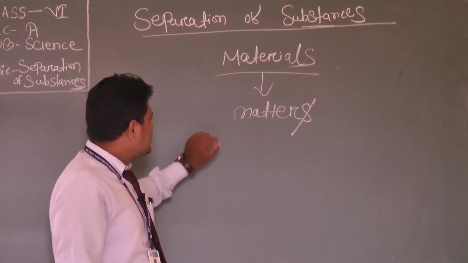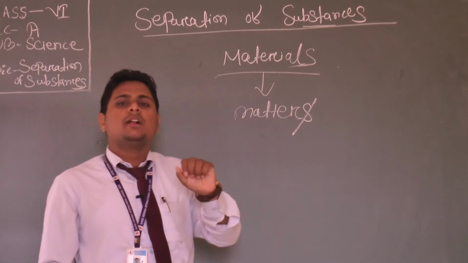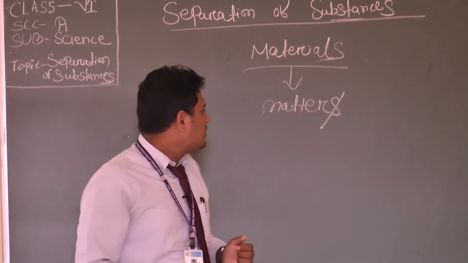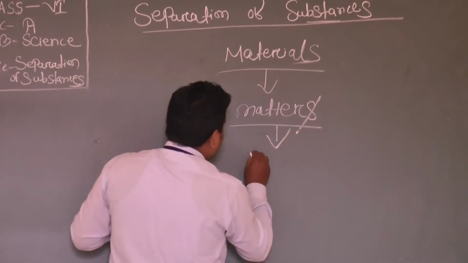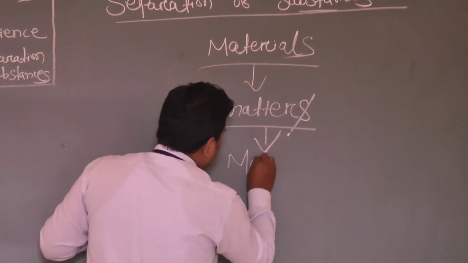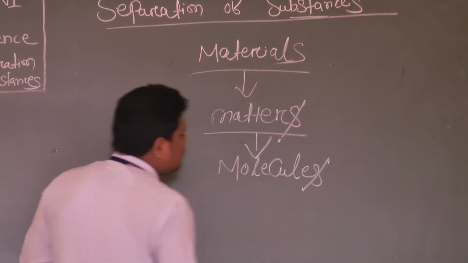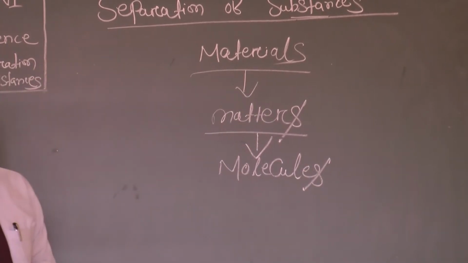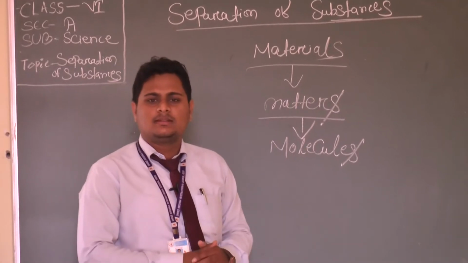Sir, materials are made of matter. Then matter should be made up of something. Yeah, sure. So these materials are made of particles, known as molecules. Sir, what do you mean by molecules? Can we see the molecules?